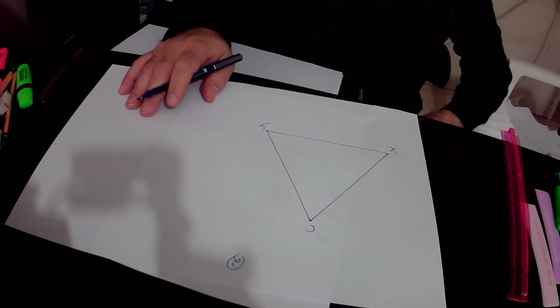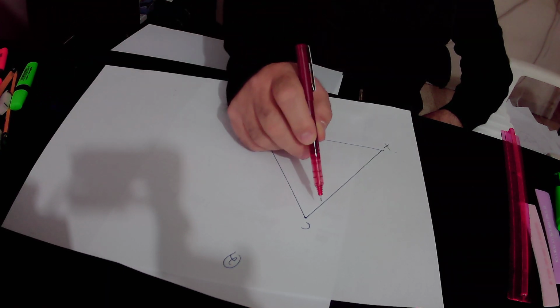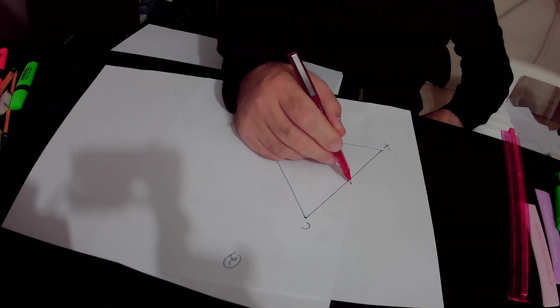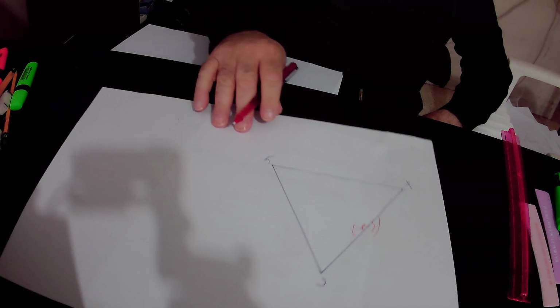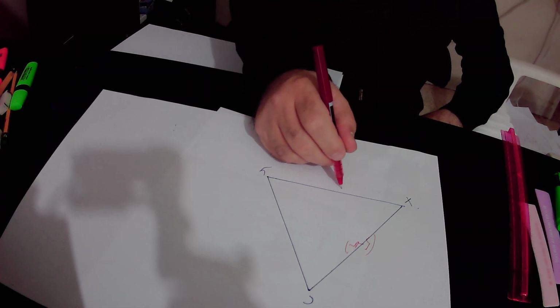We have already found out that the length of side CX is equal to 5 plus R. And we have already found out that XY equals 10 units.